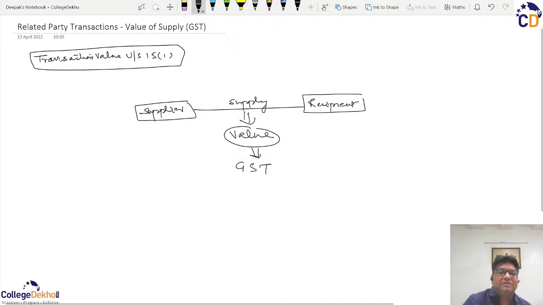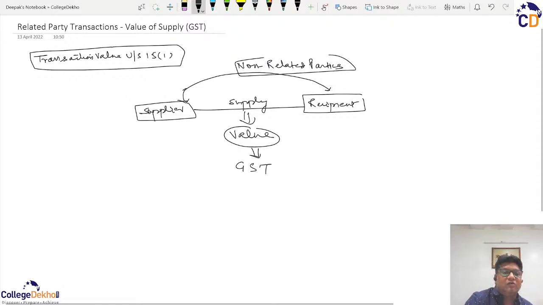And this value can be transaction value with the basic assumption that these two parties, that is the supplier and the recipient, are non-related parties. The first and foremost requirement where the transaction value is used as the value of supply is that the supplier and the recipient have to be non-related parties.